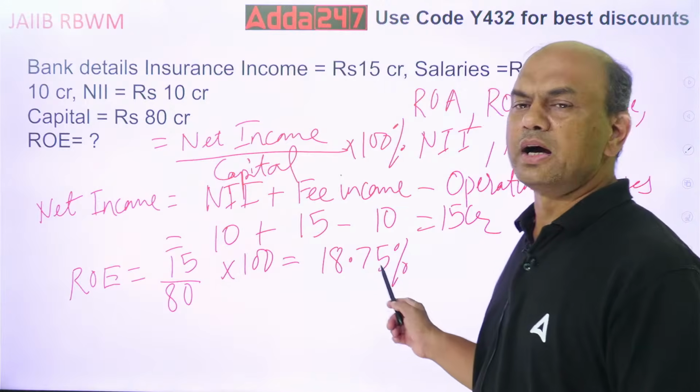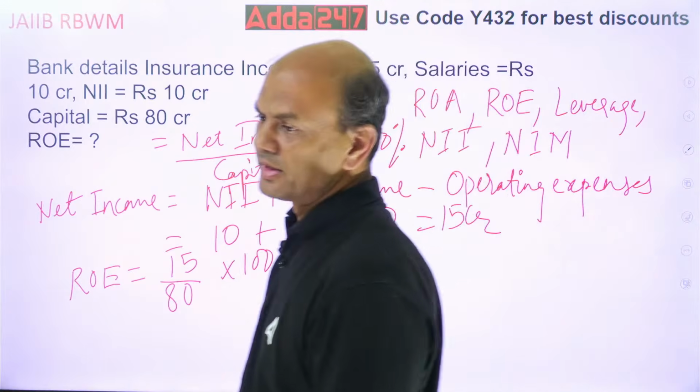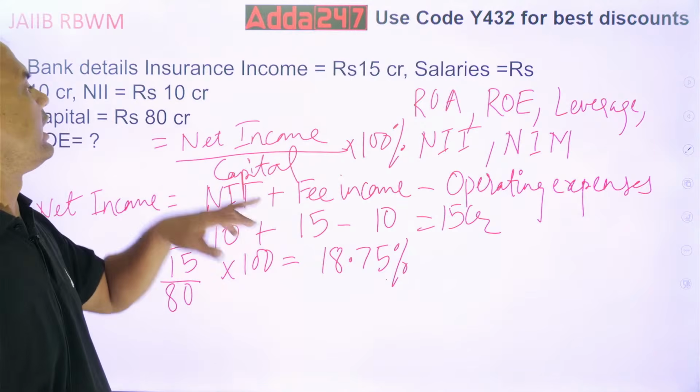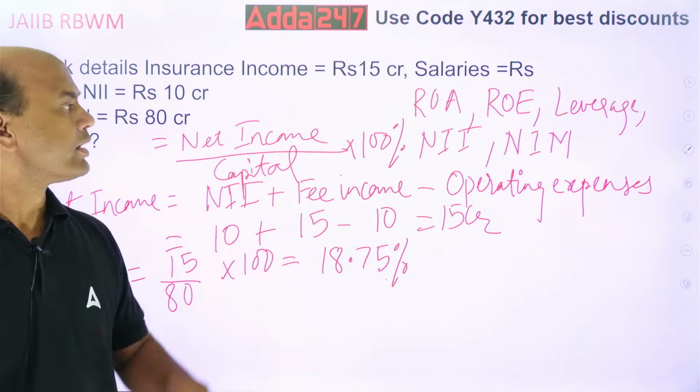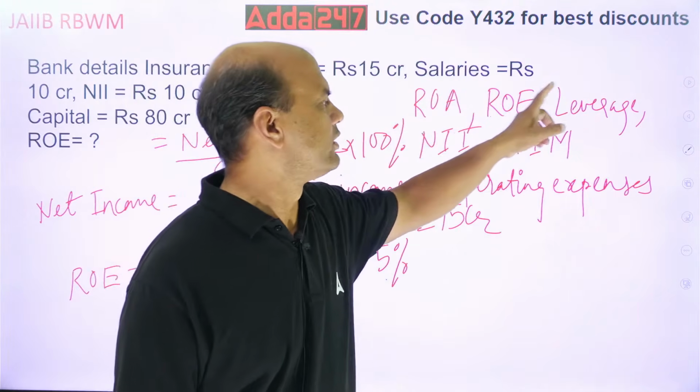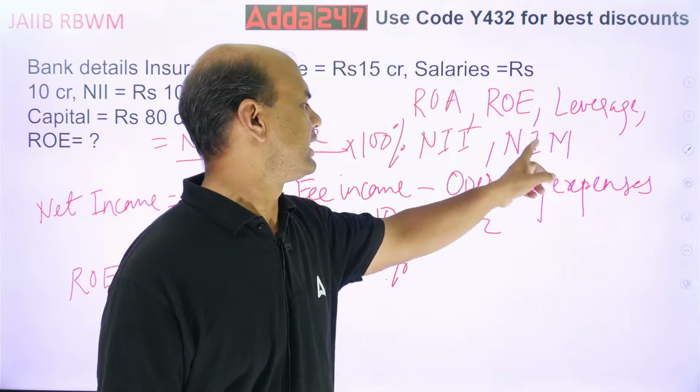So got it? ROE, everyone got this? This numerical, ROE, ROA. ROA I'll take later. ROA is net income upon your assets, not capital. See the difference. ROE, ROA, leverage, NII, NIM.